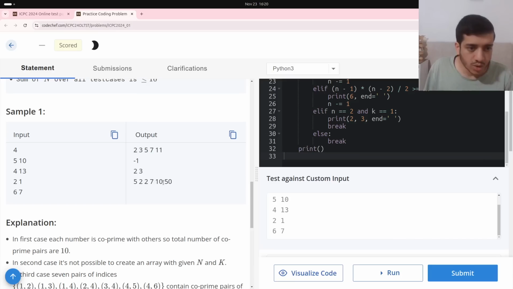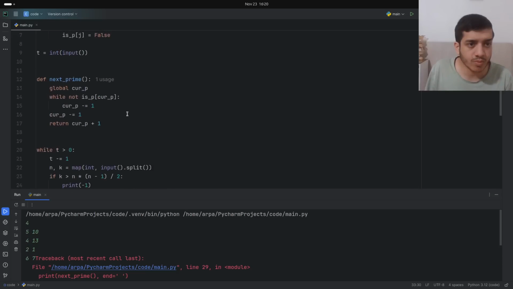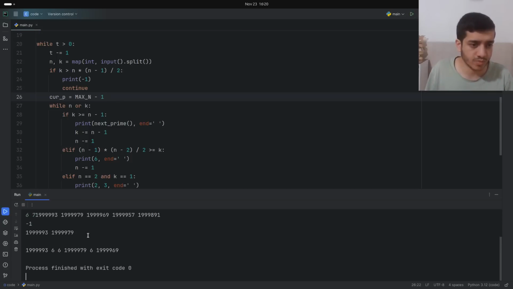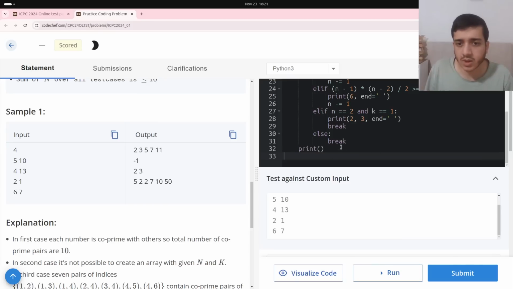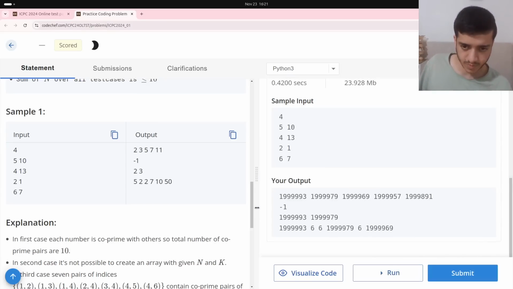And it should work. Okay. Let me try this. Looks good to me? Let's submit it.